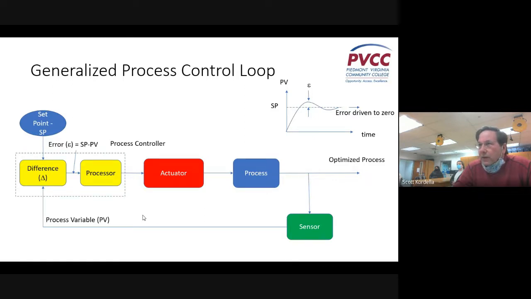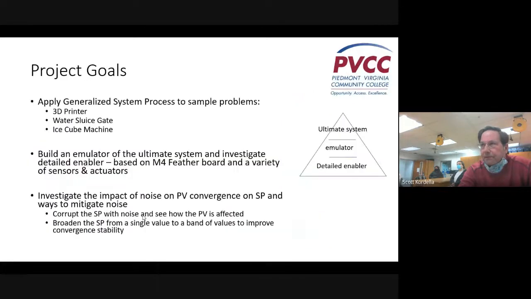Noise is everywhere in all of these processes. It's in the sensor, it's in the actuator, it's in the processor. And so the contribution of noise to this overall process is an important feature. And then the timeline it takes for us to drive the error to an acceptably small error. So effects of noise, effects of time.